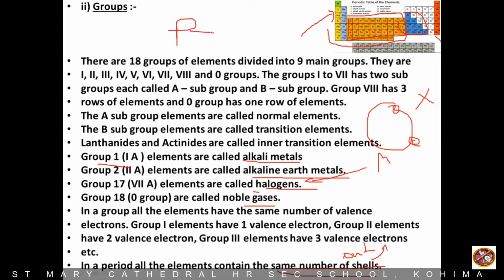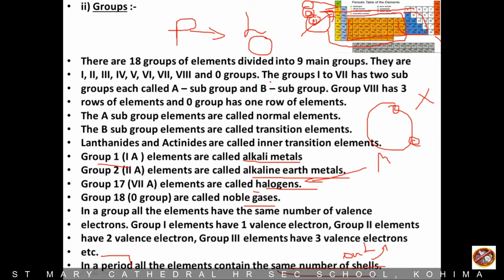In your period only, you will see that from left to right, from hydrogen to helium, they will have the same shell, orbit. In your first period you will see they have one shell. In your second period you will see two shells. In your third period you will see three shells, and it will go on like that. So when we are talking about a period, all the elements contain the same number of shells.